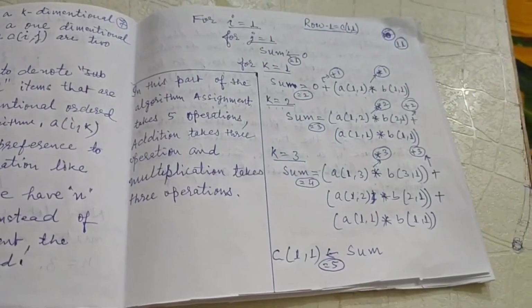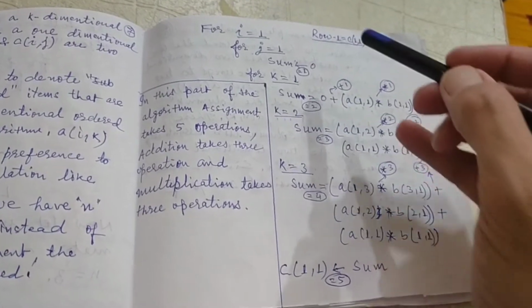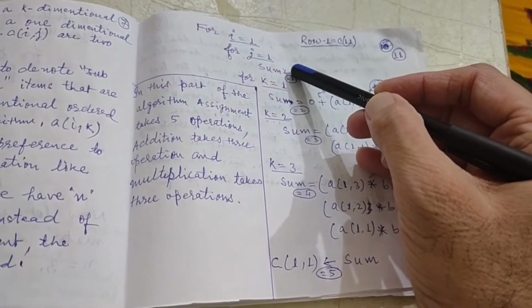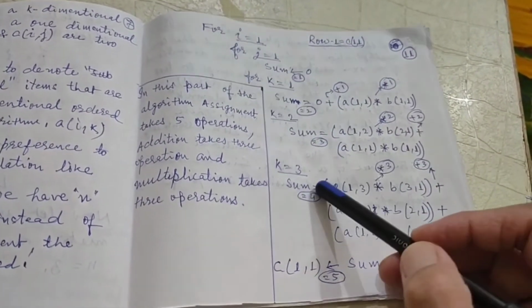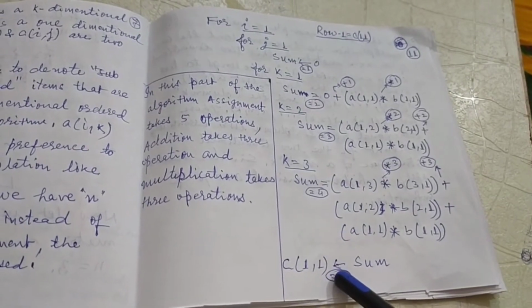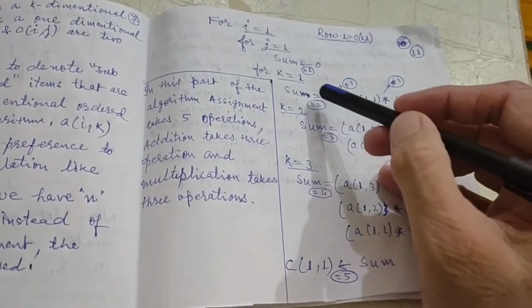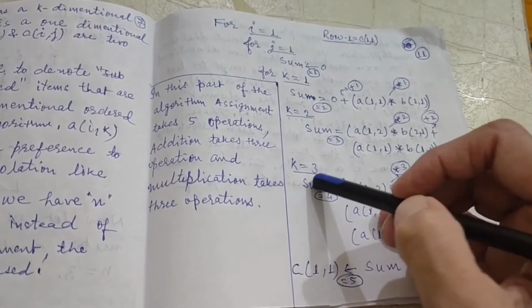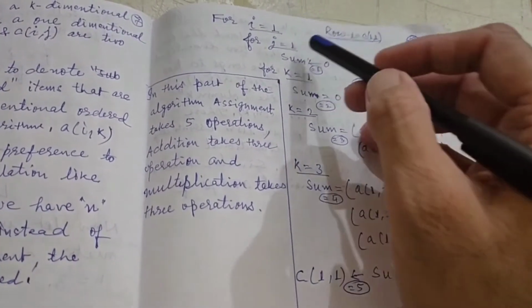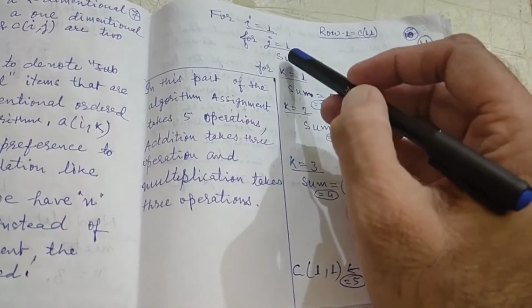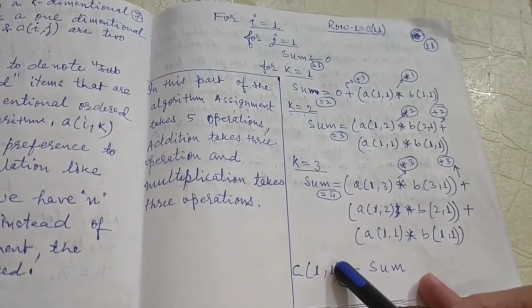Now, how to calculate operations? Let us take assignment. This is the first assignment, this is the second assignment, this is the third assignment, this is the fourth assignment, this is the fifth assignment. So there are 5 types of assignments we are using. 3 assignments will be used for sum and the whole sum will be transferred to C11, and this is the initialization of sum.